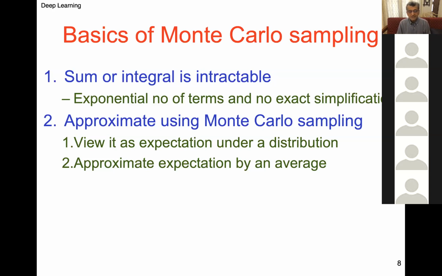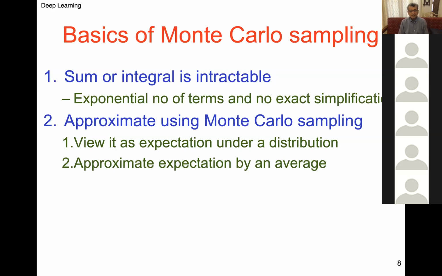So you have a summation, or if you're dealing with a continuous variable, it becomes an integral. There are an exponential number of terms in the summation, and there is no exact simplification available. Occasionally we have a very nice exact simplification for a summation, but otherwise we approximate using Monte Carlo sampling.